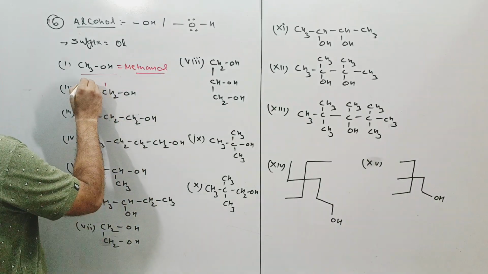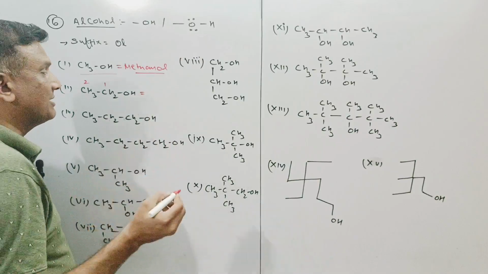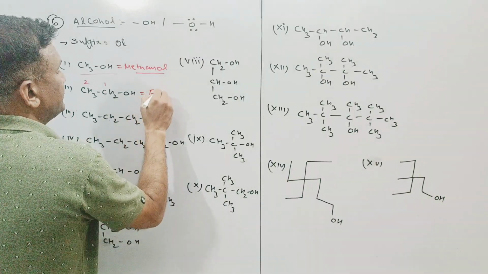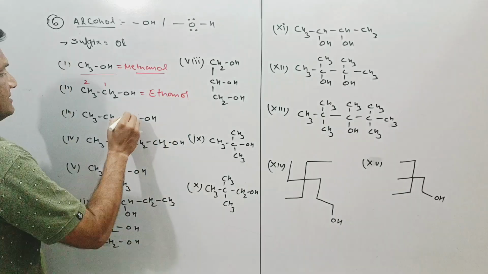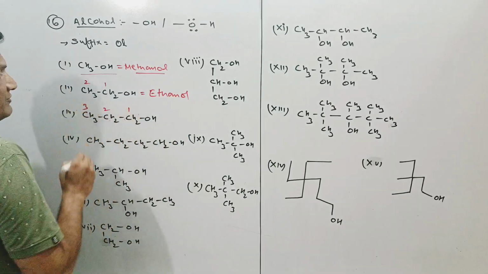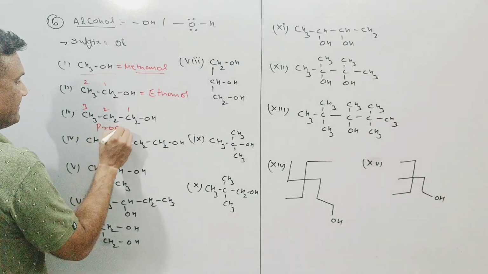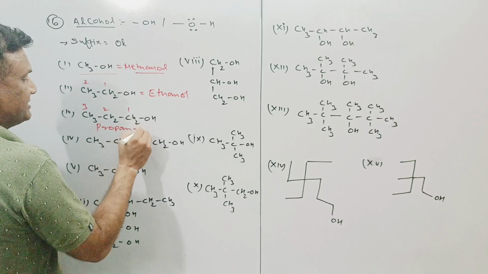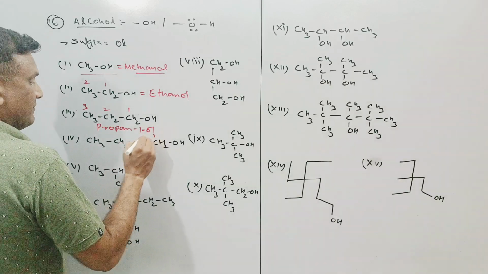For this, the OH group is present at number 1 position, so there is no need to give the position. For 2 carbon atoms, it will be ethane with single bond -an and -ol as the suffix. For this, it is required to give the position. There are 3 carbons in the chain, so it will be propane. At number 1 position there is an OH group, so it will be propan-1-ol.